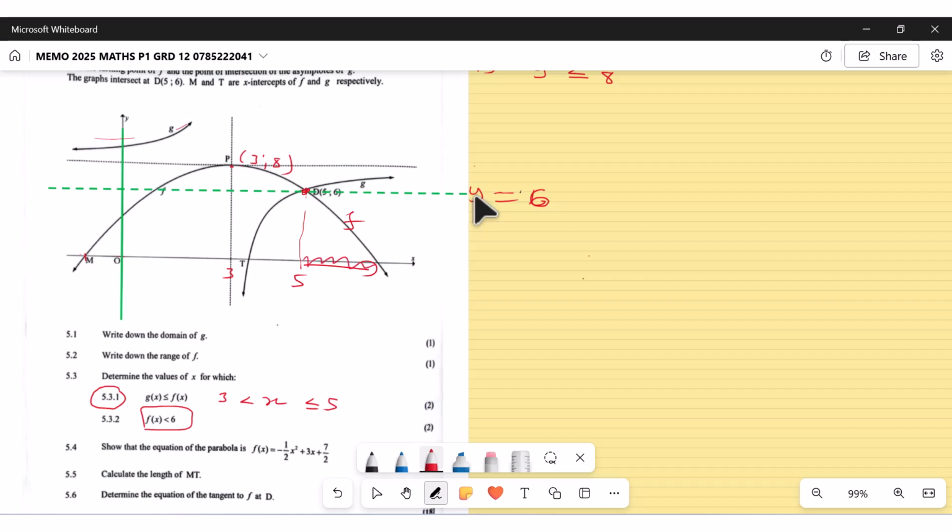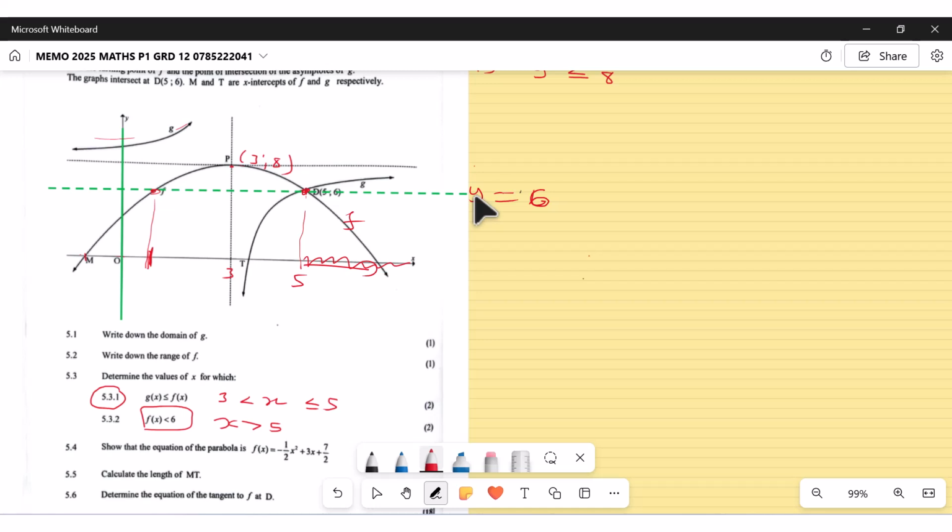Now this other side here, I want this x value here. Now by symmetry, this is a turning point here. So this is a 5, this one here is a 3. So 5 minus 3, you get a 2. Meaning from the 3, I must have another 2 units here, so this must be 1. Why? Because 3 minus 1 is also 2.